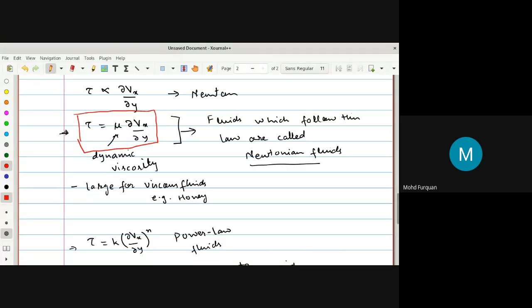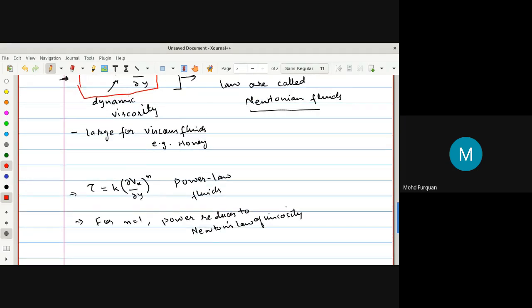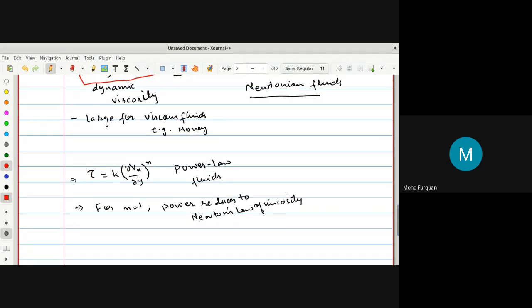However, there are some fluids which don't follow this relation, and an example of those is power law fluids. Power law fluids follow this relation, which is written like this. You also notice that if you keep n equal to 1, then this power law reduces to Newton's law of viscosity. So if n is equal to 1, then this k will be mu.